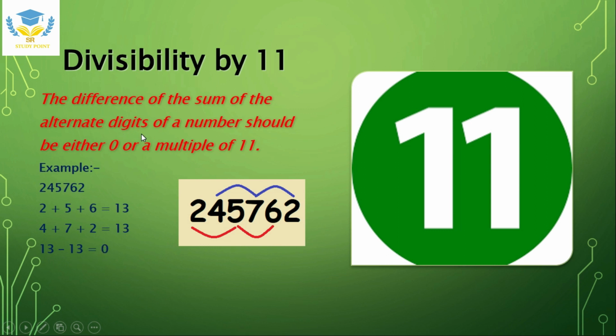So what the rule was saying is the number should be either 0 or a multiple of 11. If it is 0, that means this number is divisible by 11, or it should be a multiple of 11. Either the answer can be 11, 22, 33, 44. If we have 0 or a multiple of 11 here, that means the whole number is divisible by 11.